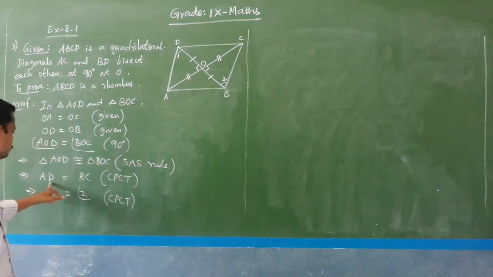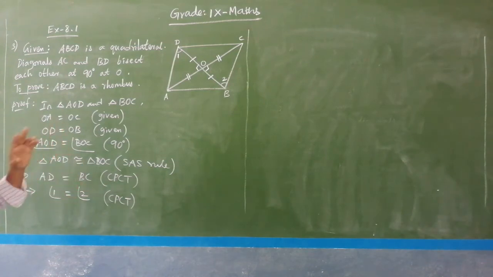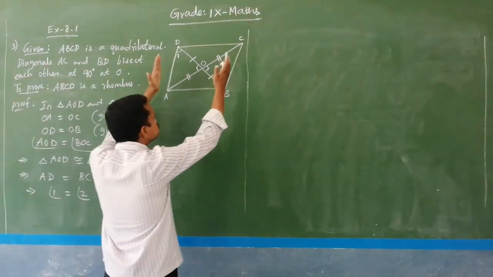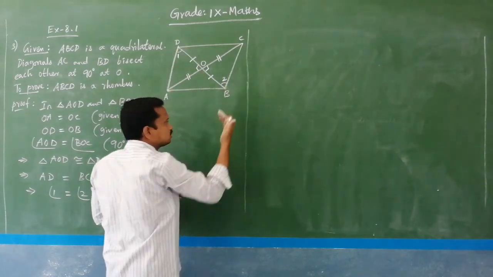Okay. So, you see AD is equal to BC, one pair of opposite sides equal, and angle 1 and angle 2 are equal. Okay. And after saying these are equal, you consider these are any two lines and this is a transversal.